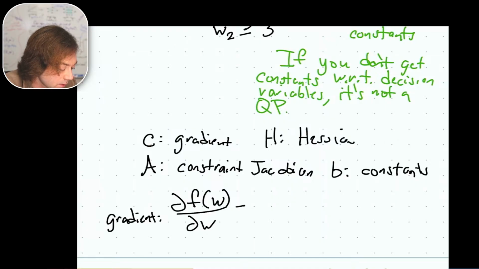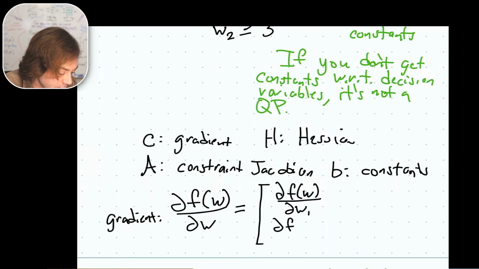So that's going to be partial f of w with respect to w1, partial f of w with respect to w2.